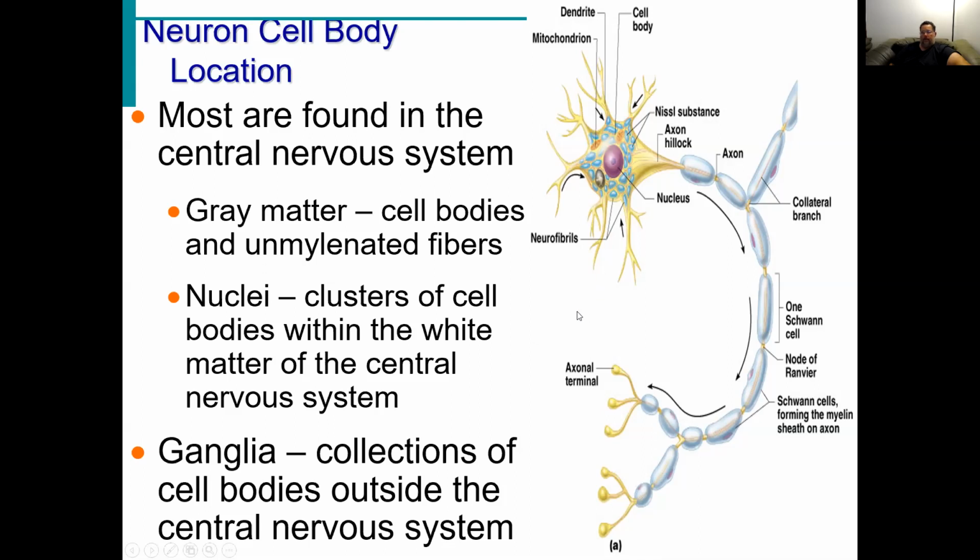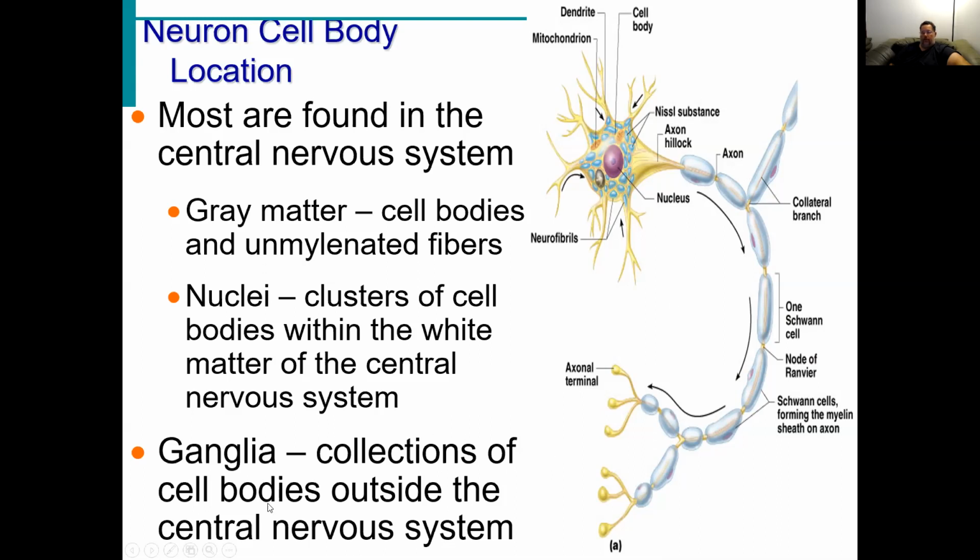So the nuclei is a cluster of cells that are found within the white matter of the central nervous system. So nuclei are a cluster of cell bodies within the white matter of the central nervous system. So if you were to slice open some spinal cord or some brain and you see a cluster of cell bodies, we'd call that a nuclei.